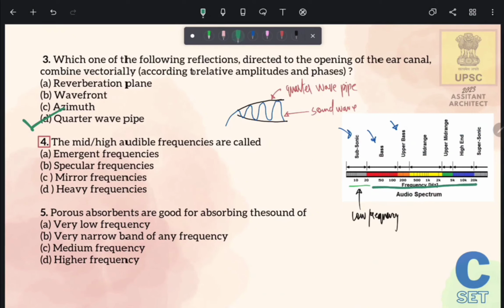Then 20 Hz to 20,000 Hz frequency comes under the medium frequency. And above 20,000 Hz comes under the high range. But you need to know only this medium frequency because this 20 Hz to 20,000 Hz of frequency is the only frequency which is audible by humans.